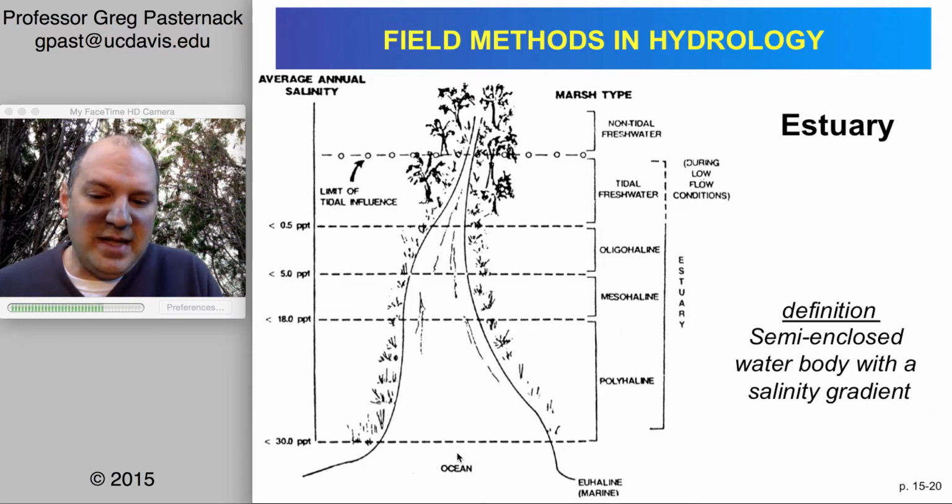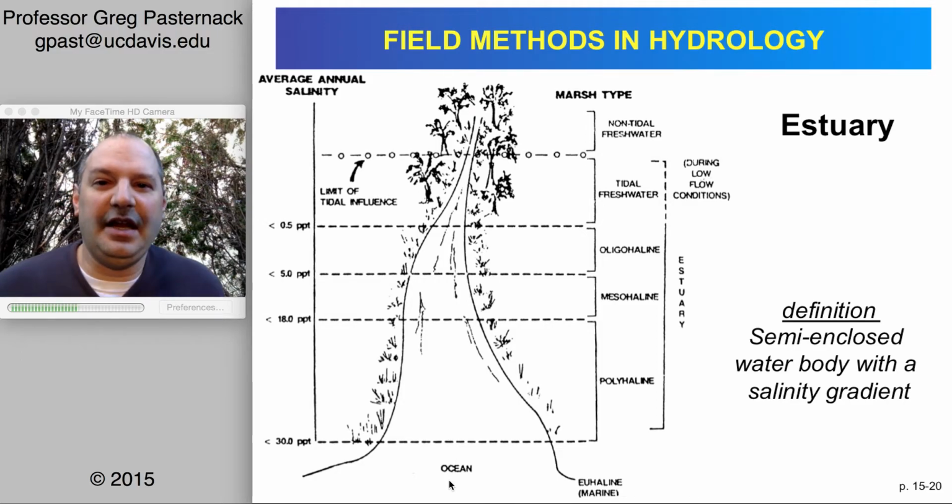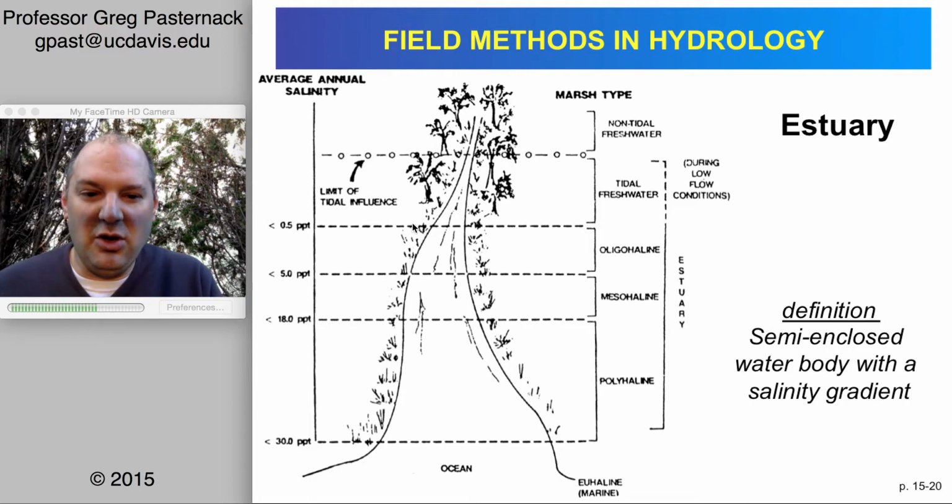So when we talk about a salinity gradient, we're talking about the ocean having a salinity of typically 30 to 35 parts per thousand, and then the fresh water being less than half a part per thousand. And so we have a gradient. Haline means essentially salt related, so oligo, meso, and polyhaline in that order, going from lowest to highest salinity.